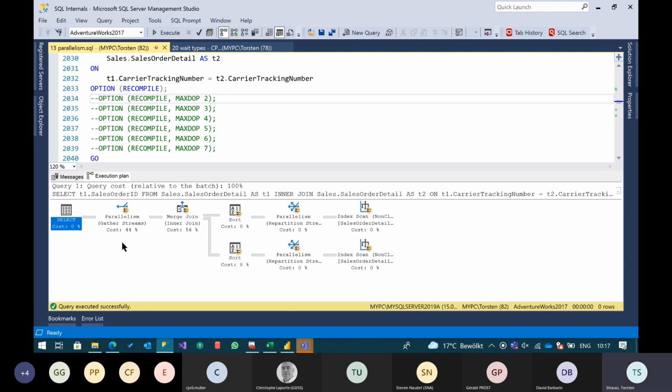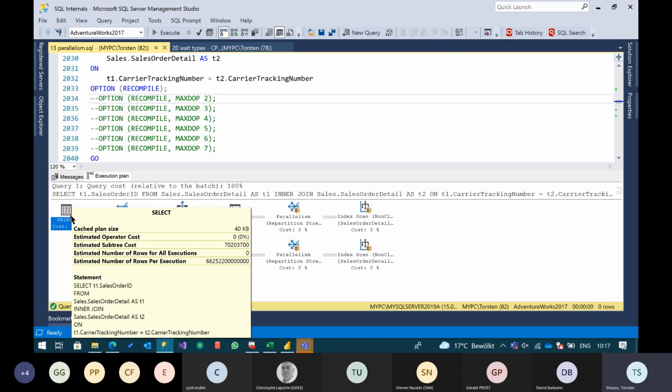I hope now you understand what it means, because the query is more expensive than 5. It costs, what is it? You can see the estimated subtree cost, which is, I don't know, 70 million or whatever, 7 million, which is definitely more than your cost threshold for parallelism, which is set to 5, I guess, at the moment. So again, when you see a high number of CXPACKET wait time, this is nothing you should worry about.